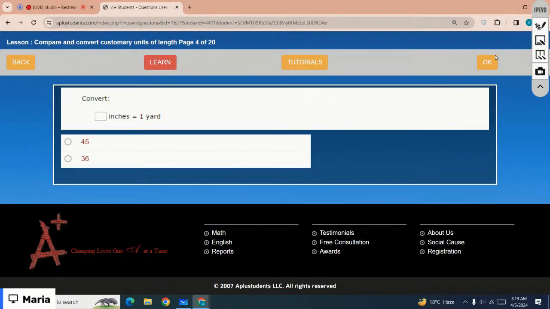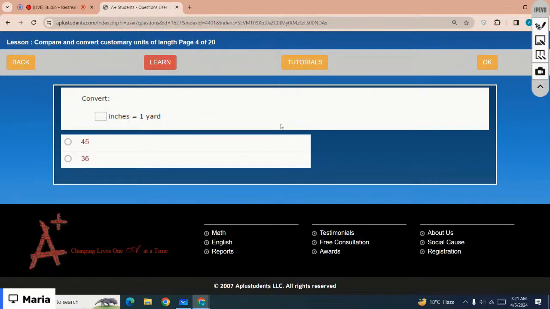Okay, 1 yard equals how many inches? 1 yard equals, no, 36 inches it is.